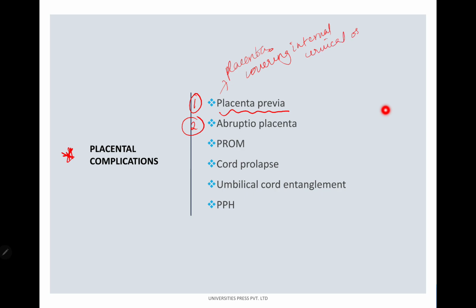So there are many types of placenta previa, guys. Therefore placenta previa is nothing but an abnormally placed placenta in the lower uterine segment covering the internal cervical os. There are various types, like marginal, partial, or a complete placenta previa that is covering the entire os.